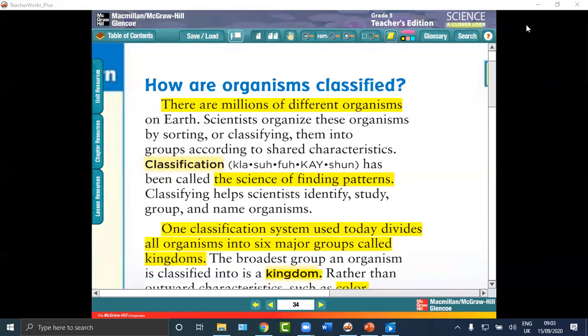Now, what is the best way to put living things into groups? In your opinion, who can answer me? According to similarities or differences?